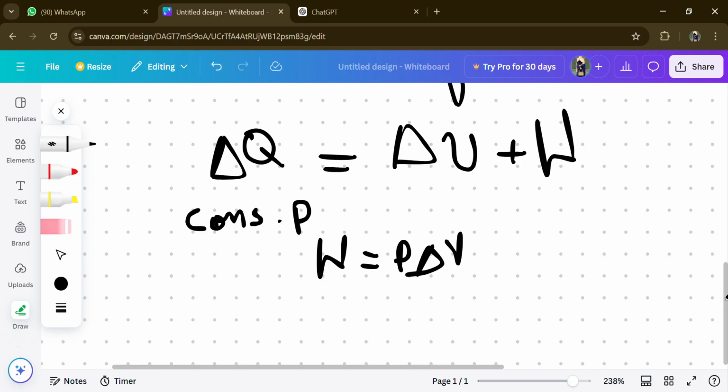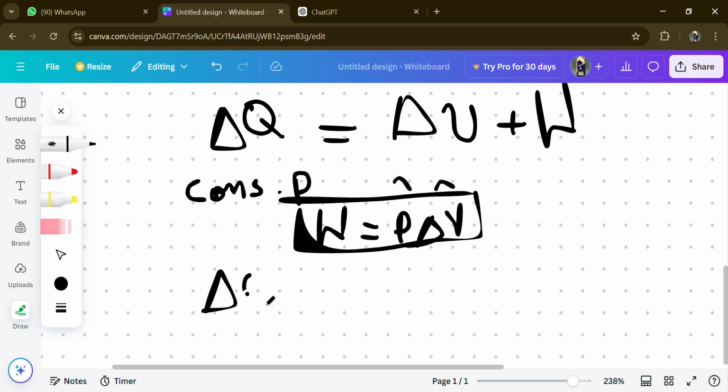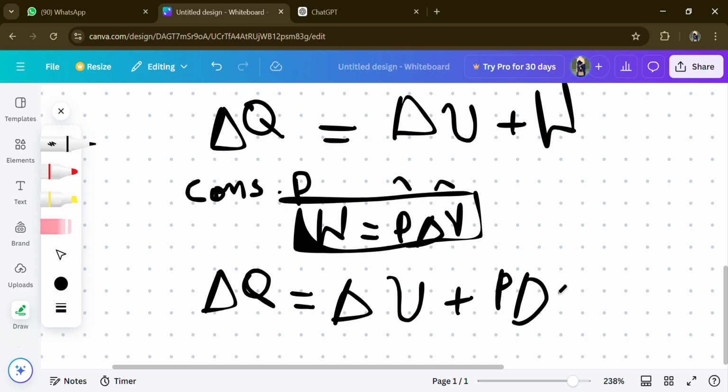So just go through those previous videos, and I'll drop the links in my description box as well. Keep in mind that at constant pressure, the work done becomes P, the constant pressure, times del V, the change in volume. So the final equation would be change in Q equals change in internal energy plus P del V.